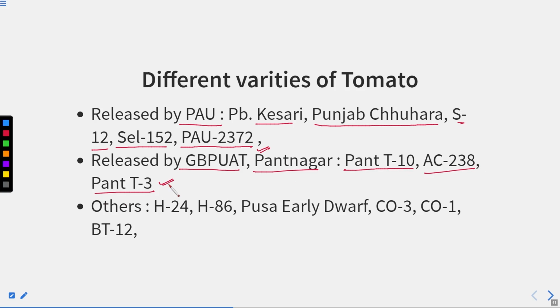These are some of the varieties that have been released by the Pant University. And then others are H24, H86, Pusa Early Dwarf, CO3, CO1, and PT12. These are some of the different varieties of the tomato crop.